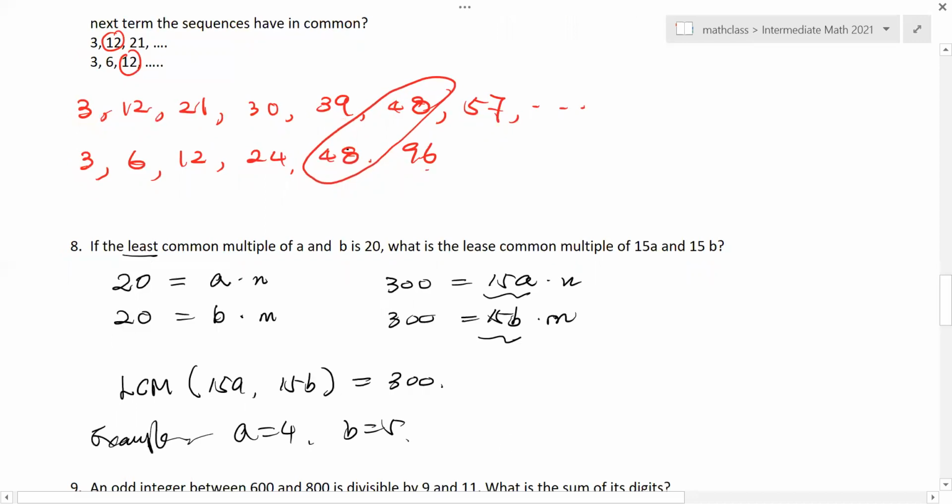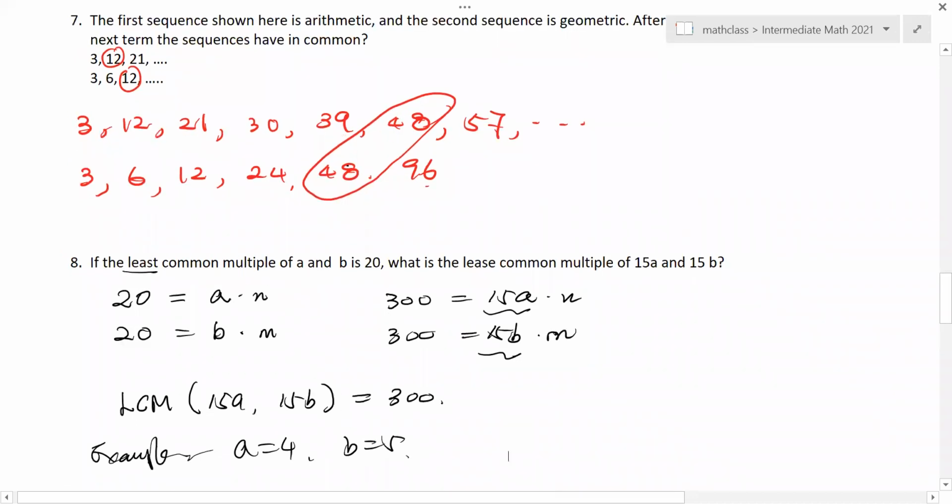Then you multiply each by 15: 4 times 15 and 5 times 15. Then the least common multiple for 15A and 15B is going to be 300. You can use the example to double check it.